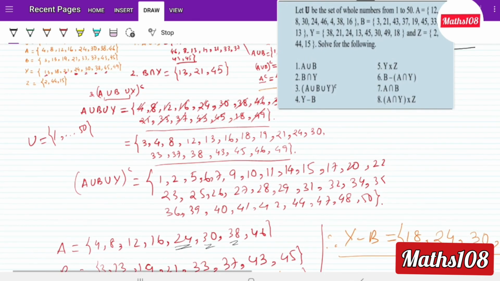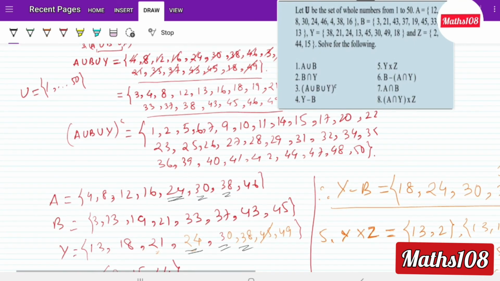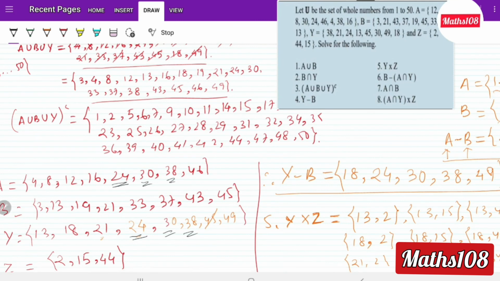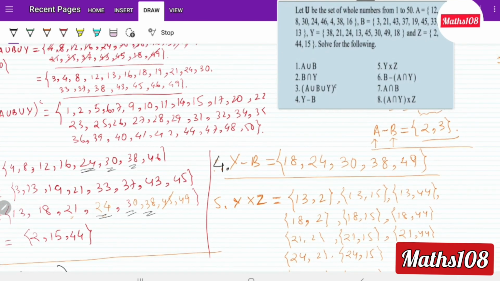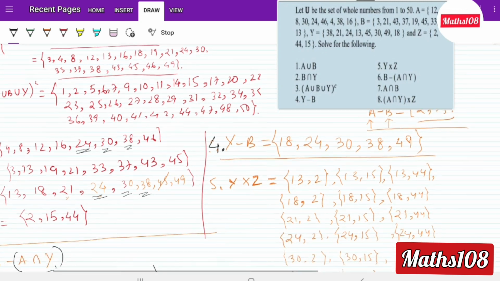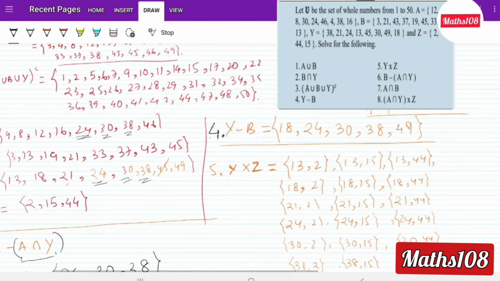Yeah, we have calculated that. This is number 3. Then for number 4 we calculated Y minus B. For Y minus B, it is simple that we need to exclude all the terms of B from Y. So just simple that we need to exclude the common terms of Y and B from Y. It is the simple formula.